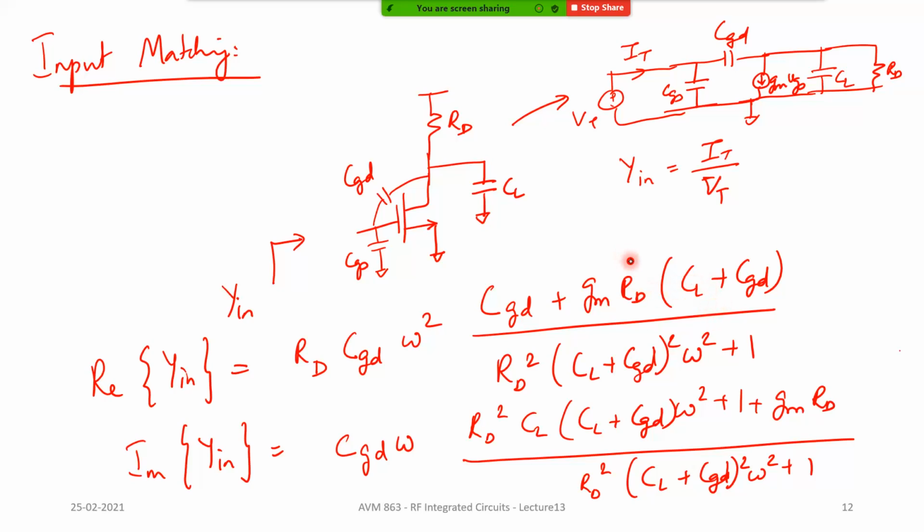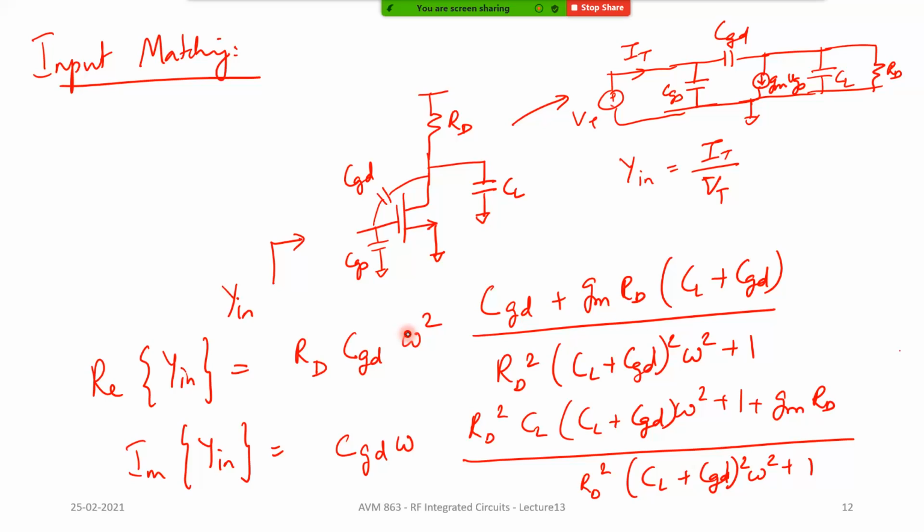Okay, so this real part is extremely negligible at lower frequencies, which means the real part of the impedance becomes very, very high at lower frequencies. Okay, so it is parallel, it is Yin. So Yin becomes very low at lower frequency.